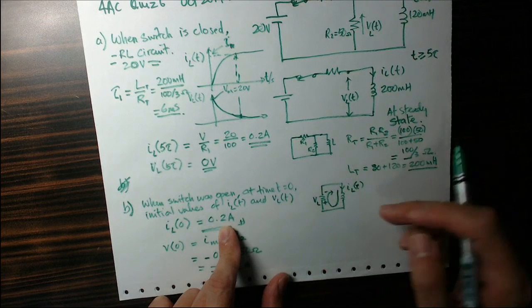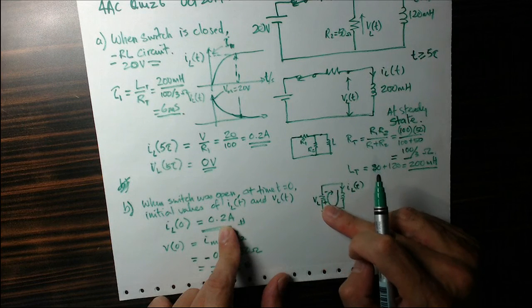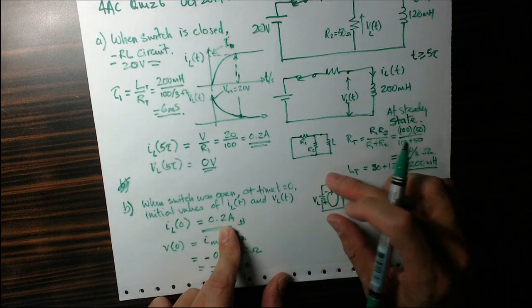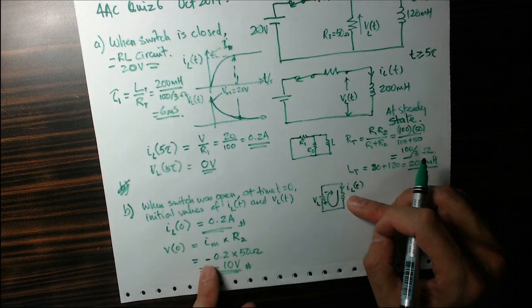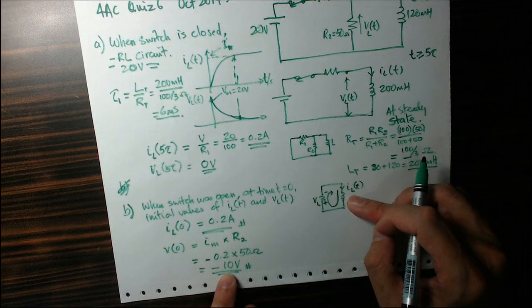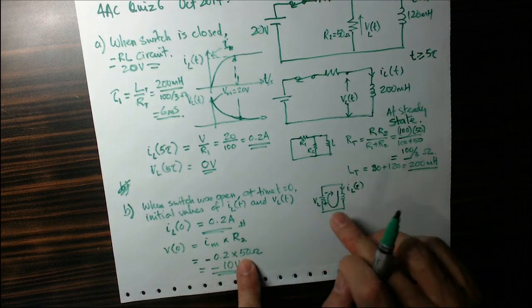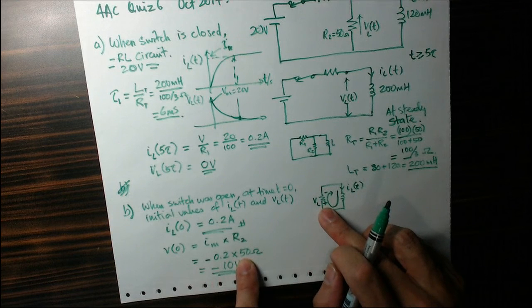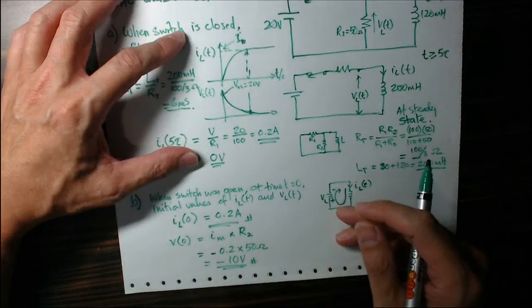The voltage generated across this resistor, in other words the voltage across this inductor, is now in the opposite direction, minus 10 volts, and it's calculated by the maximum current and the resistance. That's a very unique feature of an inductor, so please take note of that.